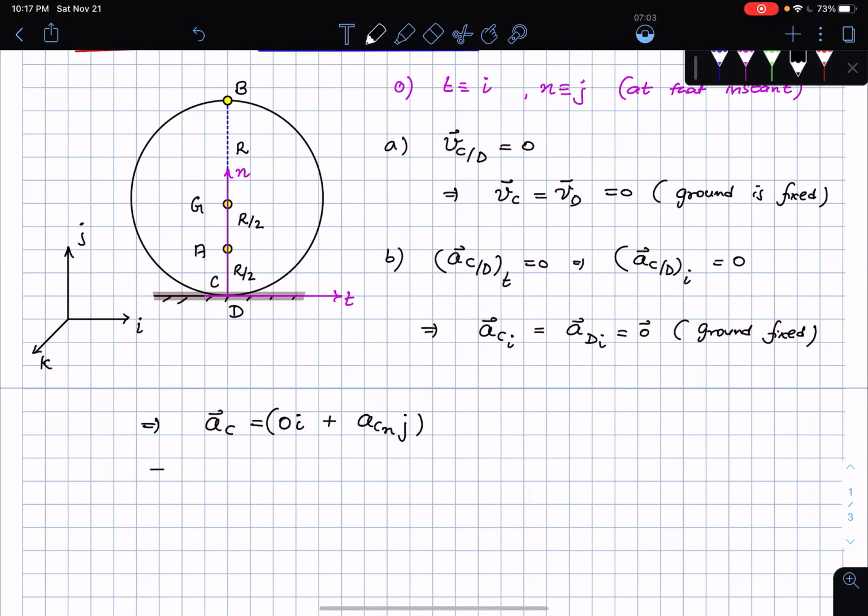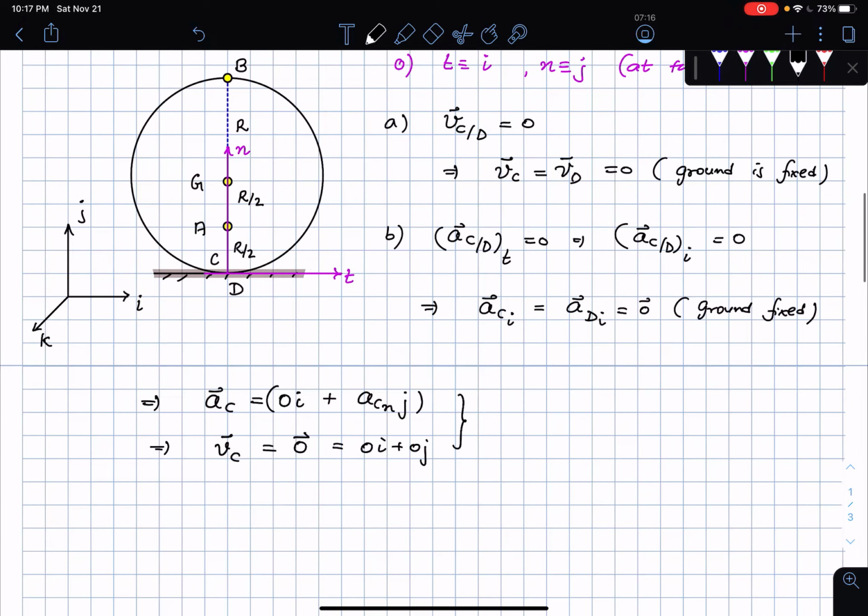Likewise velocity of C is going to be 0 as well, essentially 0I and 0J, and we also know that the disk does not lose contact with the ground, which implies that the acceleration of the center of mass of the disk has to be in the I direction only. It could be positive or negative, we don't know.